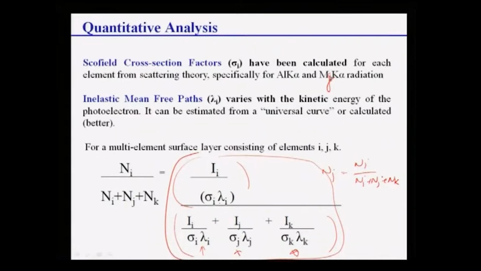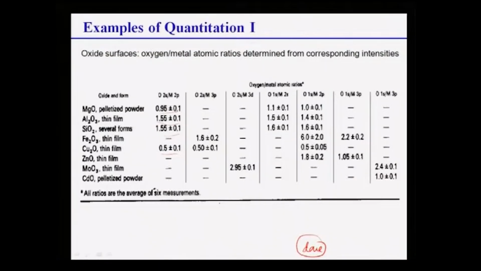Well, let us see some examples. I am going to show you examples of oxygen to metal atomic ratios determined from the corresponding intensities. Take magnesium oxide, MgO, first, a pelletized powder. The ratio of oxygen 1s peak divided by magnesium 2p peak is almost 0.95 plus minus 0.1.